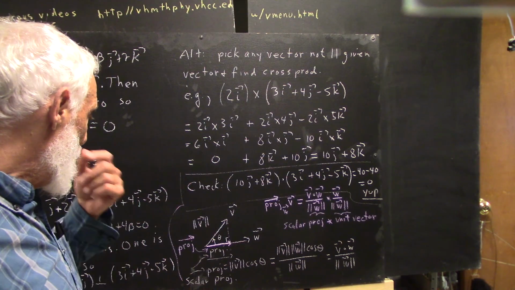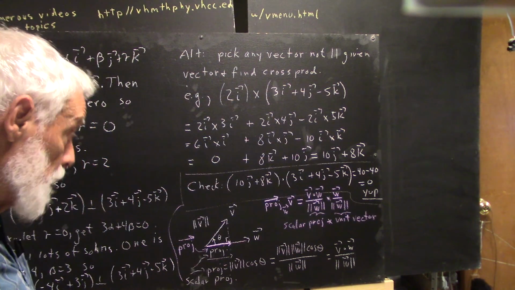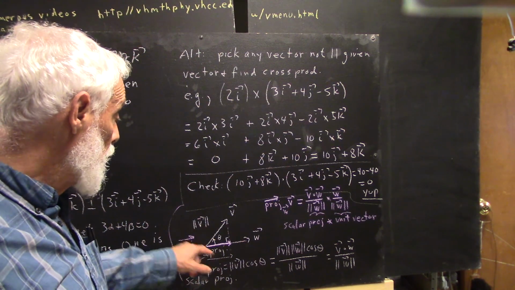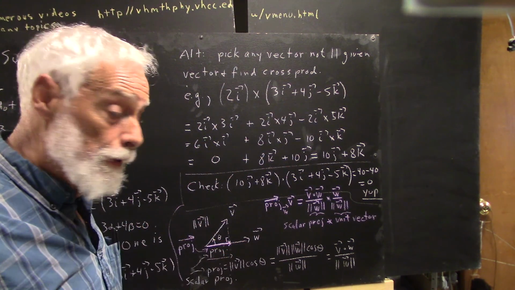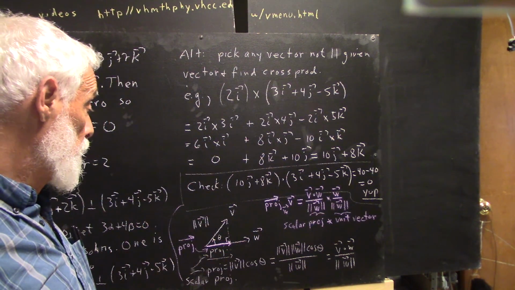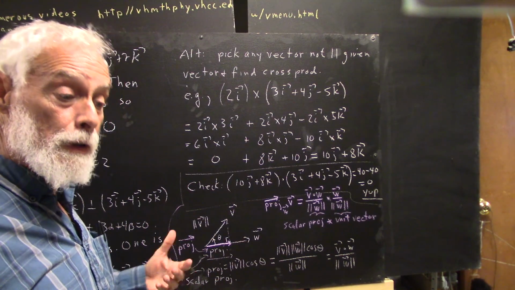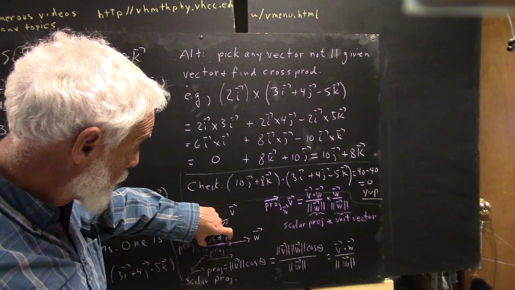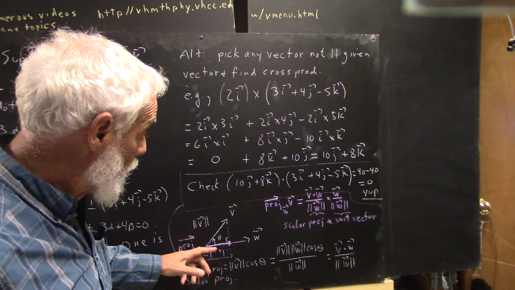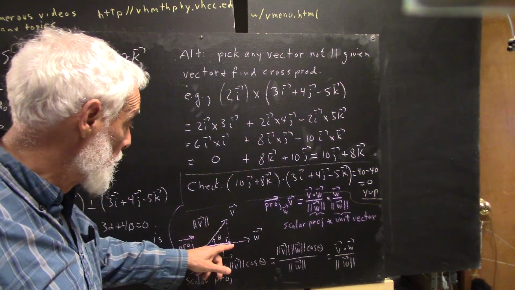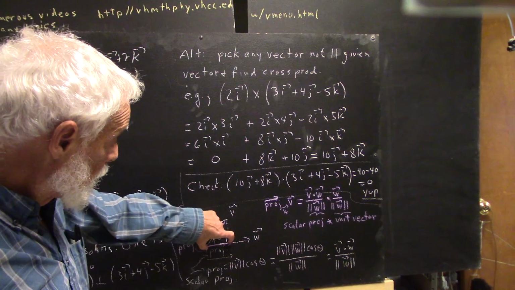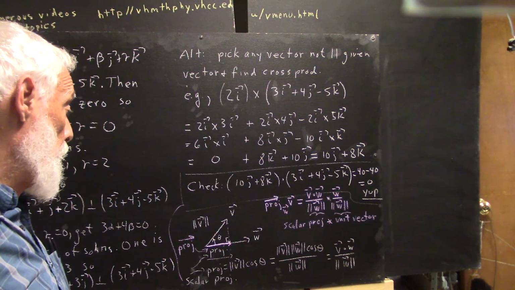We get that very simply by multiplying this scalar by a unit vector in the direction of w. So if the projection is the length of this side, we multiply the length of this side by a unit vector in the direction of w, and we get a vector in the direction of w whose magnitude is the length of this side.